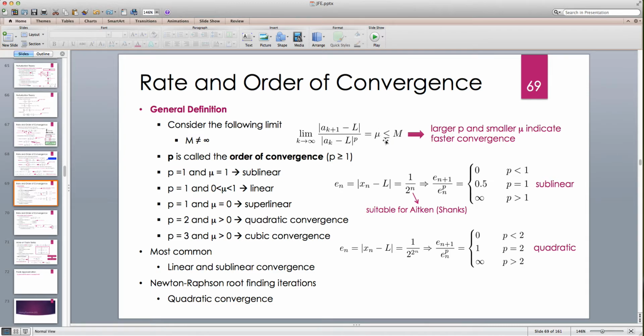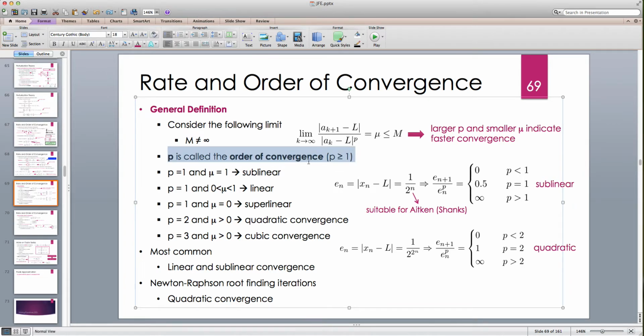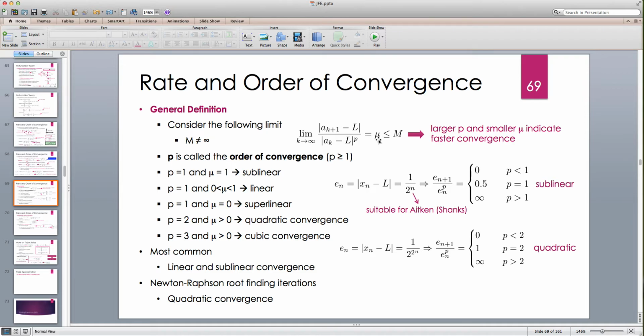That means that the order of convergence is p, that's the formal definition, and p is typically greater than or equal to 1. Basically the ideal case is that p is very large and mu is very small, ideally 0. Okay, so the larger the p and the smaller the mu, we say that the sequence has a faster convergence, because the error goes to 0 faster and faster.